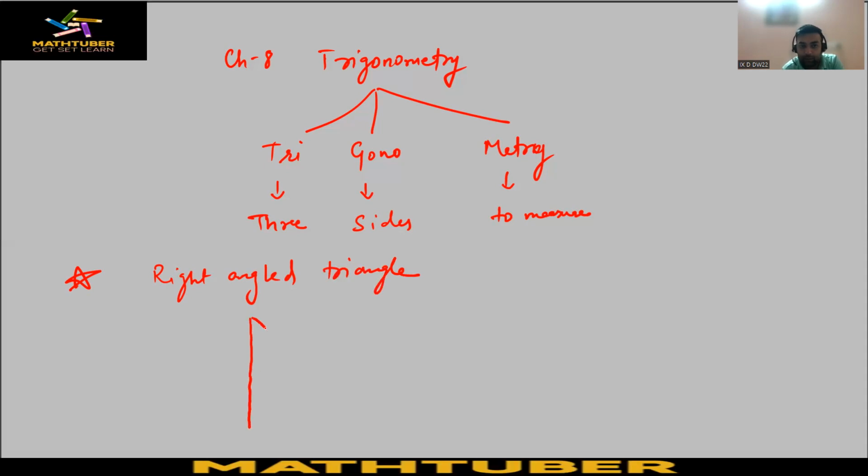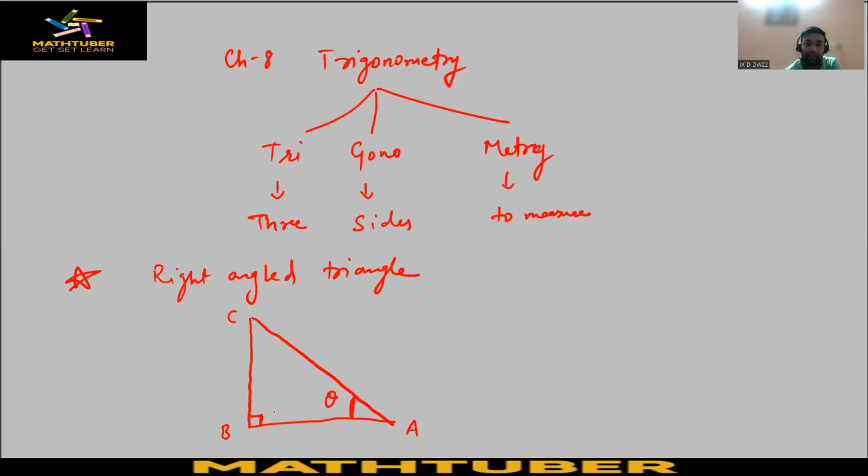So suppose this is a right angle triangle here, and suppose this is the angle which we have taken as theta, right? So let us say this is A, B, and C, and this angle B is of 90 degree here.